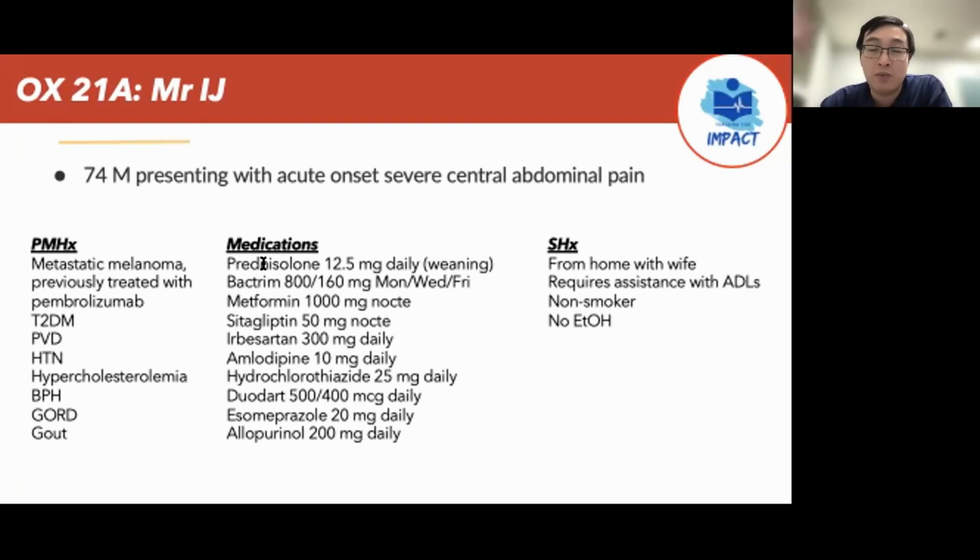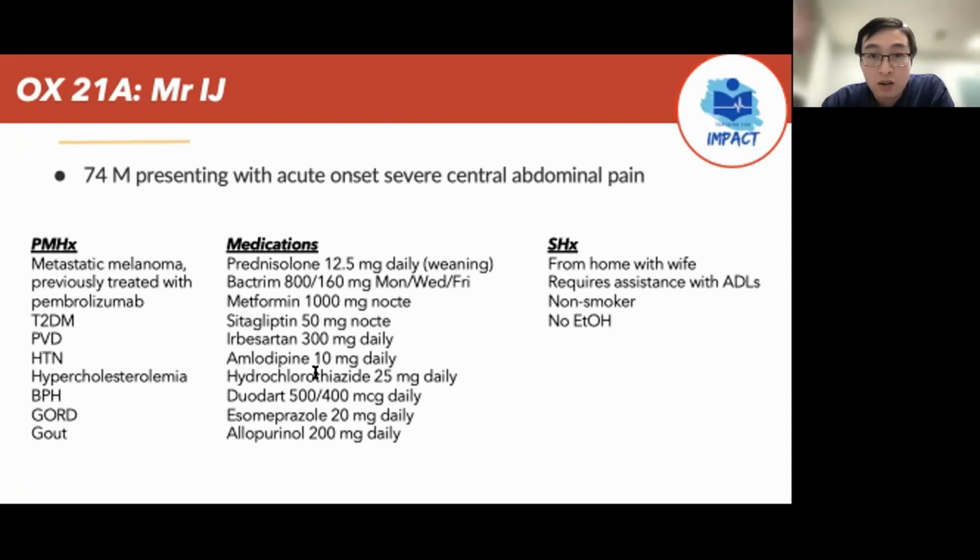So this patient has been on prednisolone for the good part of the past month, and is now slowly tapering off. Currently on 12.5 milligrams. But that level of prednisolone would certainly warrant PJP prophylaxis.